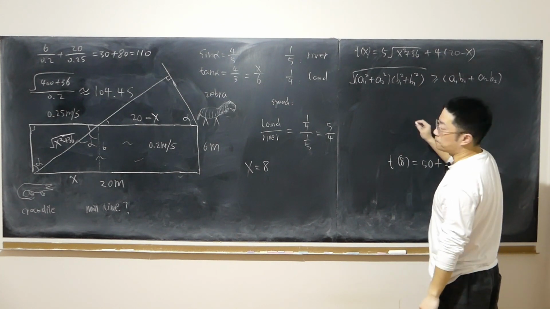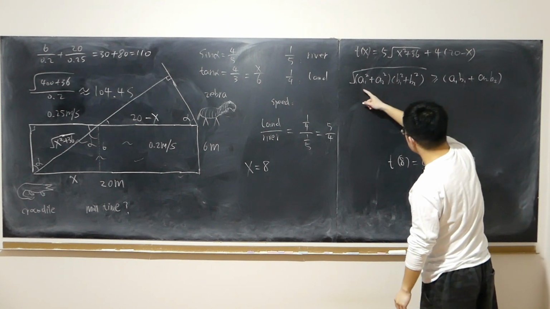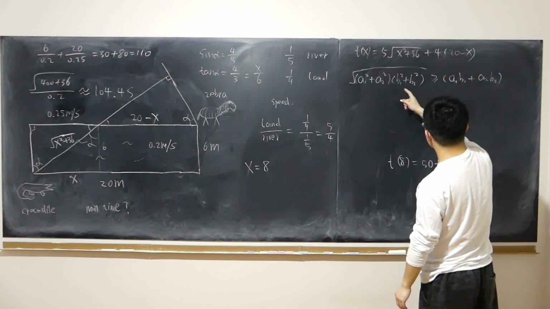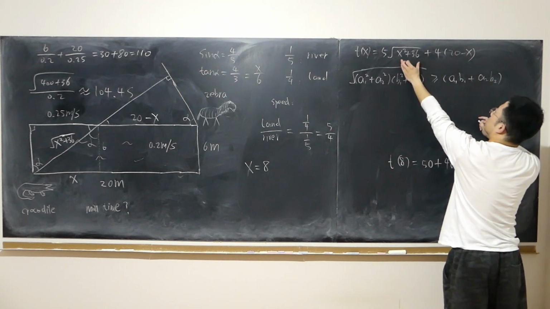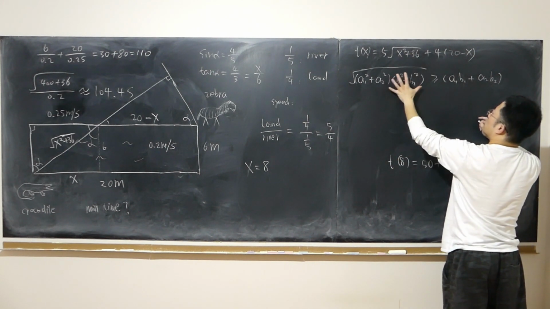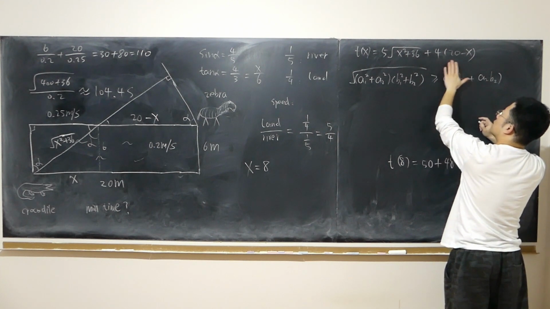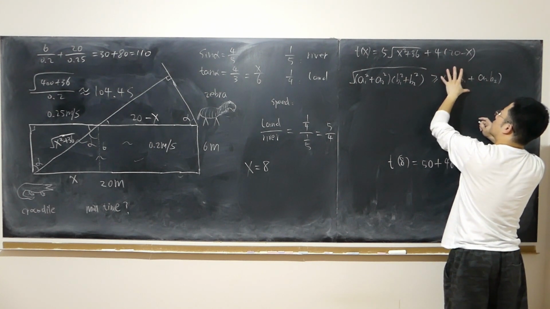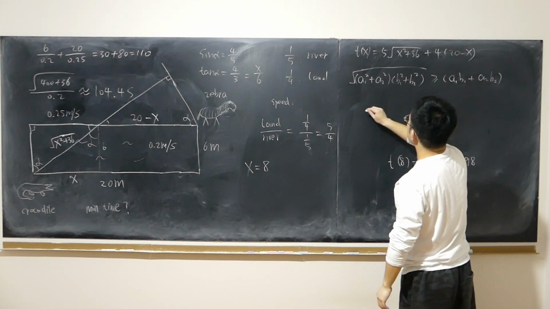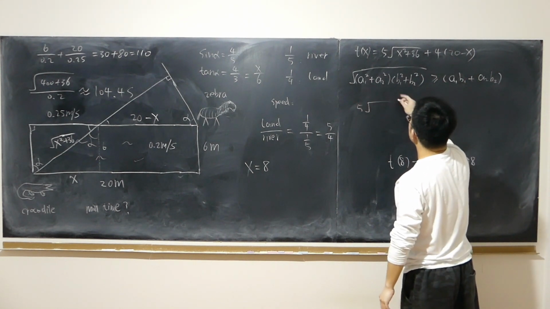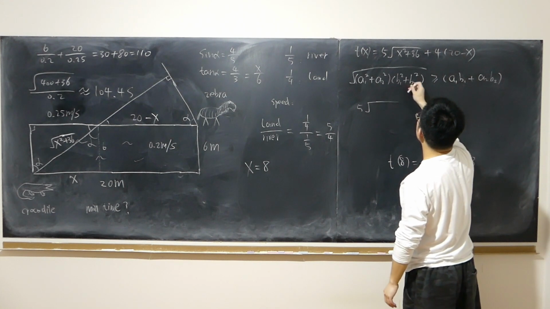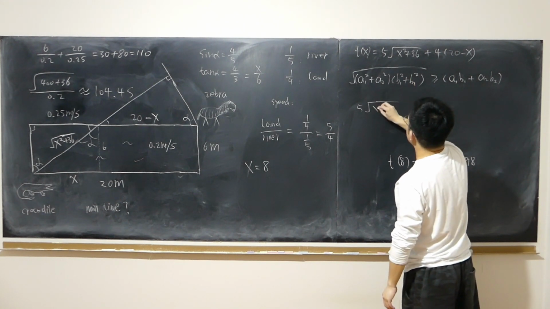So let's determine which one is a1, which one is b1. How can I make sure that after I apply this Cauchy inequality, I can cancel out the negative 4x? That's my purpose. So in other words, 5 times square root of x squared plus 36.